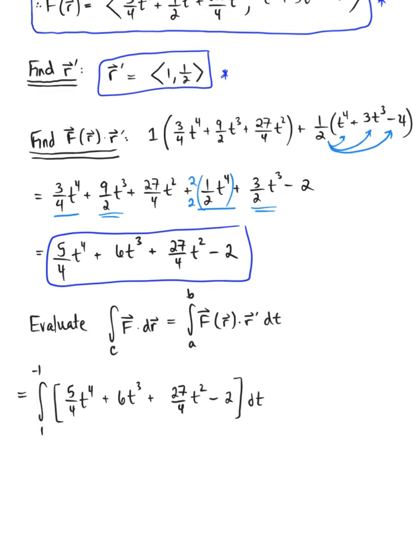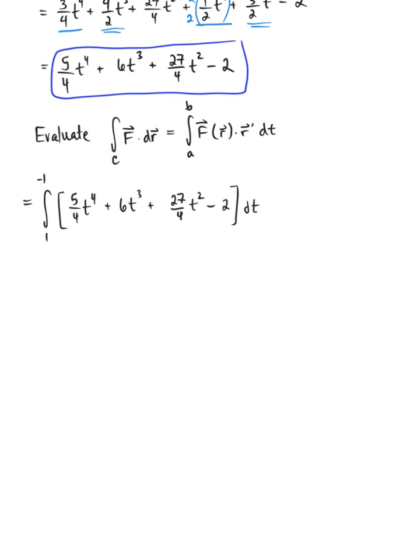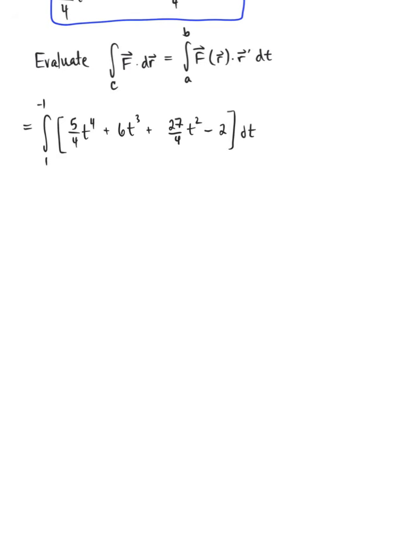And look at this. All we need to do to integrate here is use the power rule. Lucky us. So this leaves us with 1/4 t to the fifth plus 3/2 t to the fourth plus 9/4 t cubed minus 2t. And again, evaluating from 1 to negative 1.